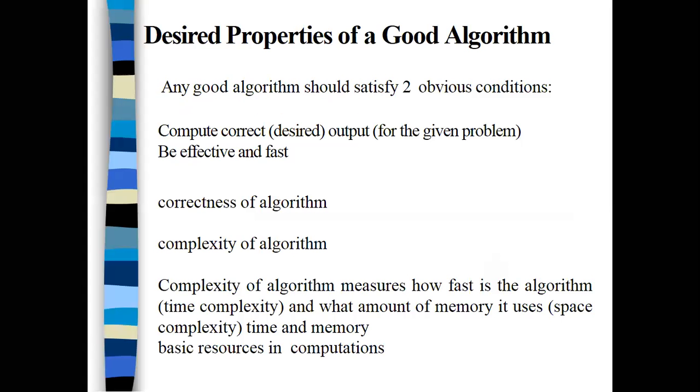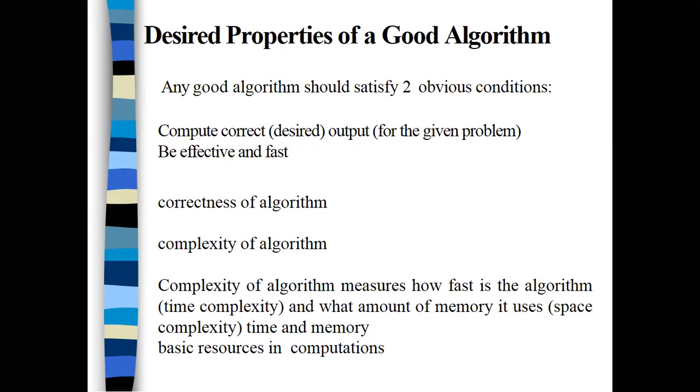So what are the desired properties of a good algorithm? As we already discussed, any algorithm should have two conditions that make it a good algorithm. It should compute the correct output, and it should be effective and fast.